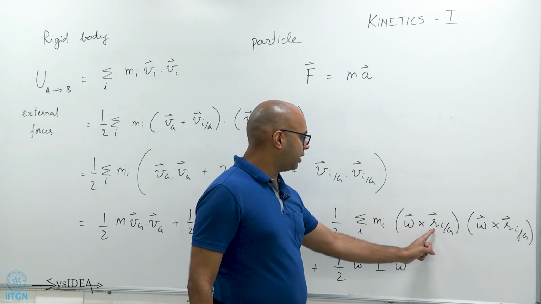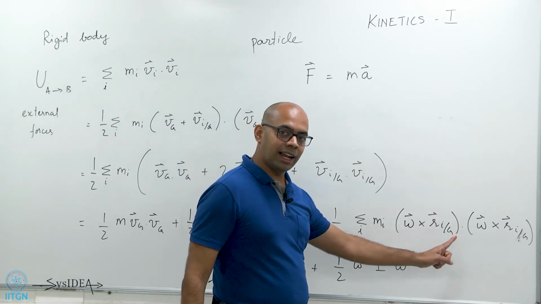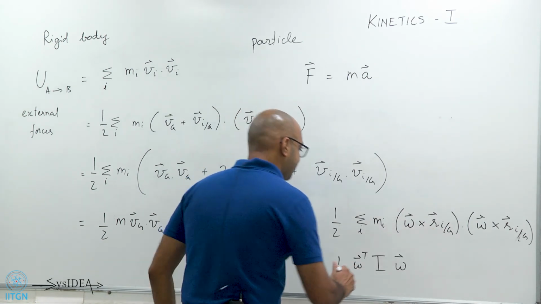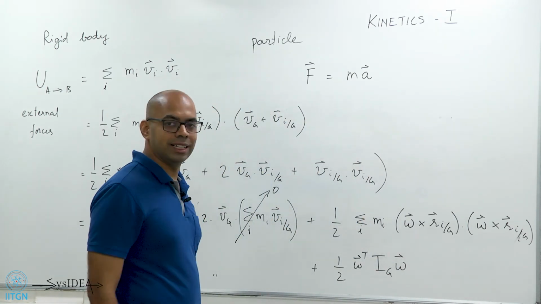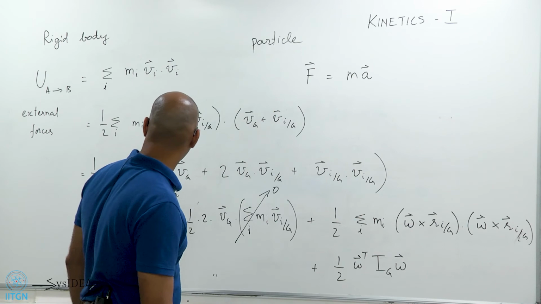And notice here that these are all position vectors relative to the center of gravity, so it is really the moment of inertia about its center of gravity.